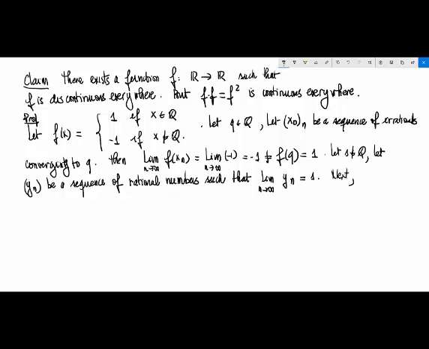Next, the limit of f of yn as n is approaching infinity, so every yn is a rational number, so this will go to 1, and clearly 1 is not equal to f of s, which is -1. So therefore this function f is nowhere continuous.